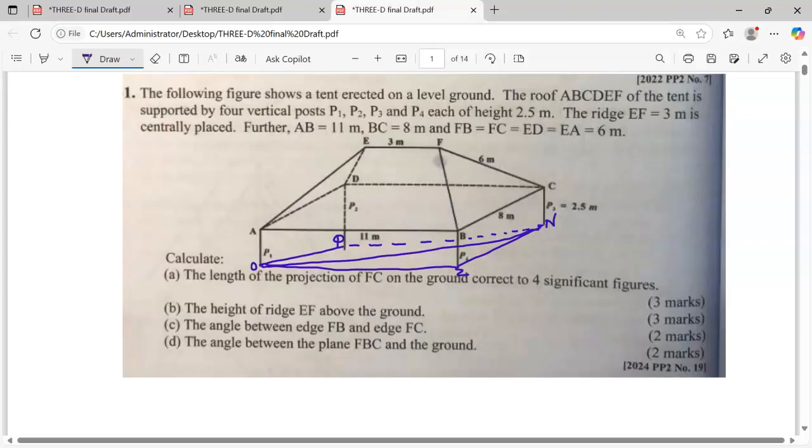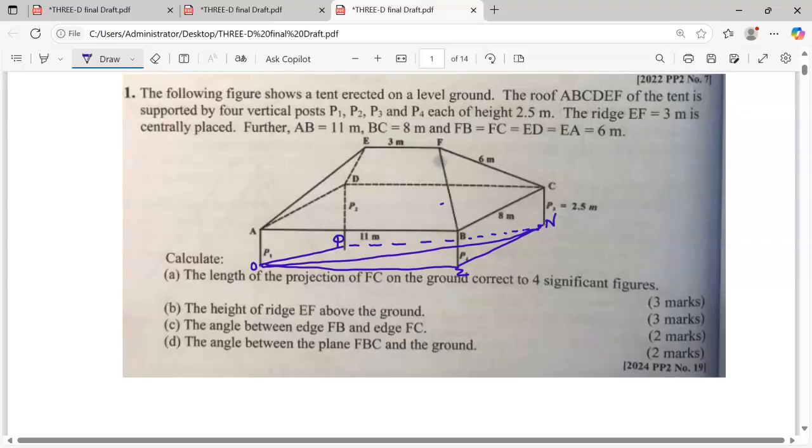Since we need to find the length of the projection of FC on the ground, this ON is the ground, but the projection of FC will be on the plane ABCD, and this is what we need.